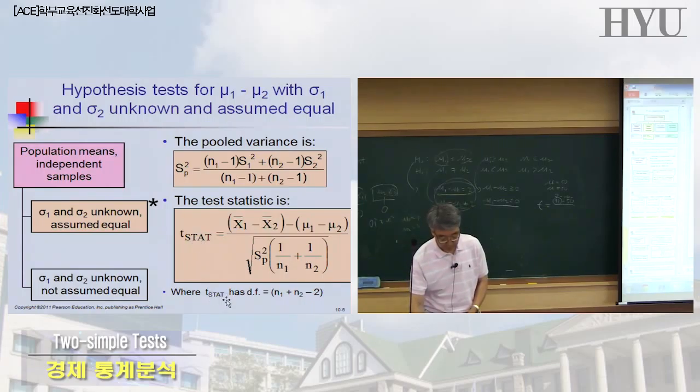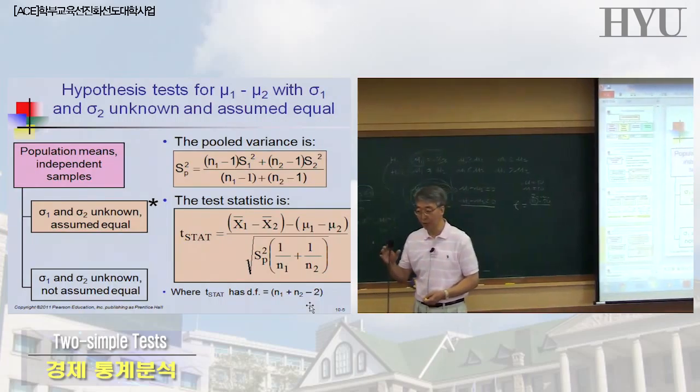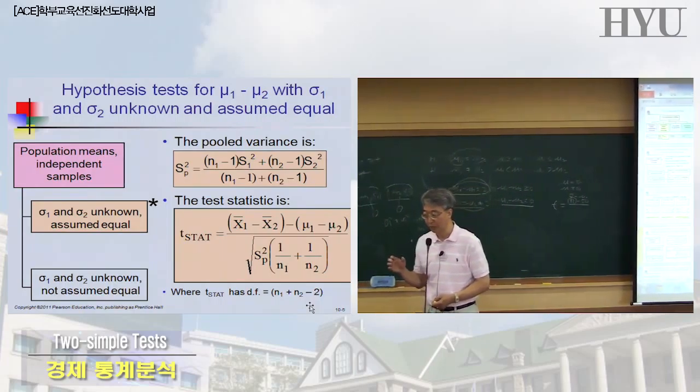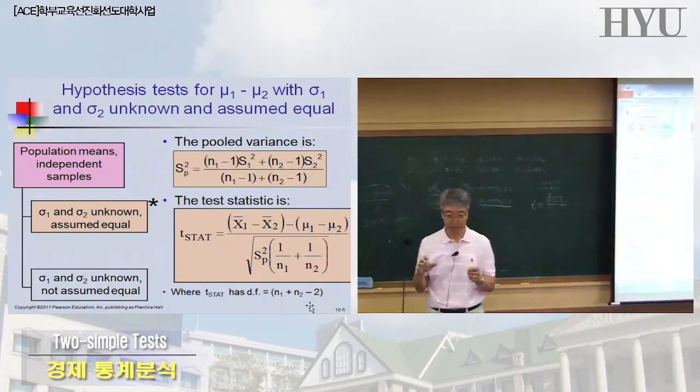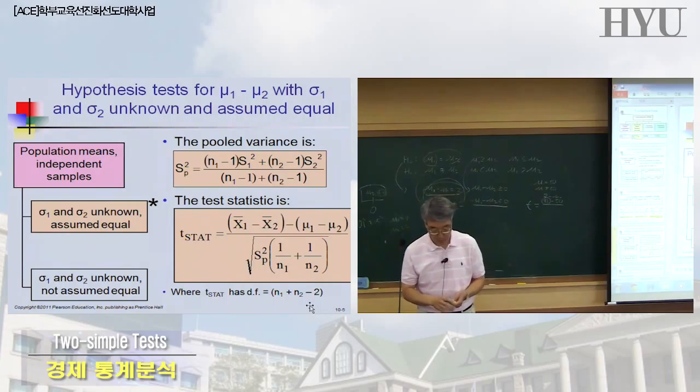Degrees of freedom for this t statistic is n1 plus n2 minus 2. Just remember that. It's logical, because when you had one sample, it was n minus 1, and when you have two samples, basically double that, so it's n1 plus n2 minus 2.